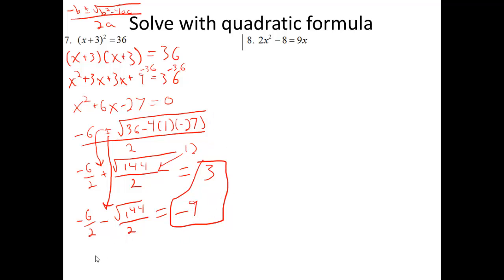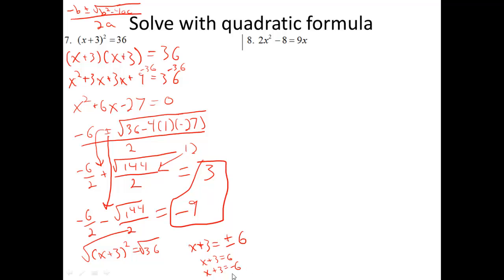Looking at just the equation, a different way to solve it would be x plus 3 squared equals 36. Now we can take the square root right away. Now the square root of 36 is plus or minus 6, so x plus 3 is equal to plus or minus 6. So when we split that up into two equations, we say x plus 3 equals 6 and x plus 3 equals negative 6.